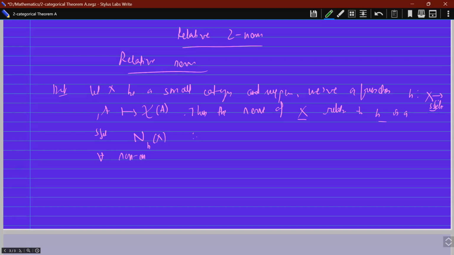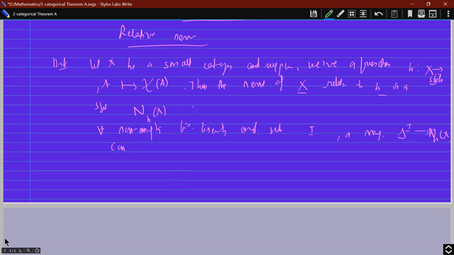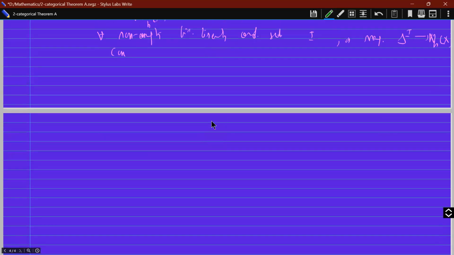For all non-empty finite linearly ordered sets I, a map to X is the data.